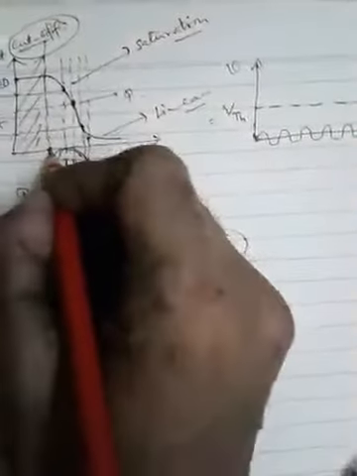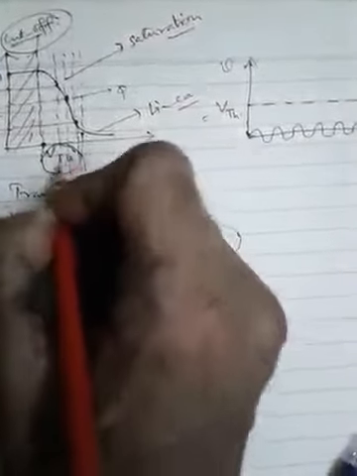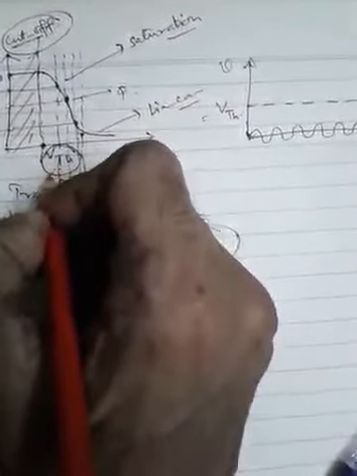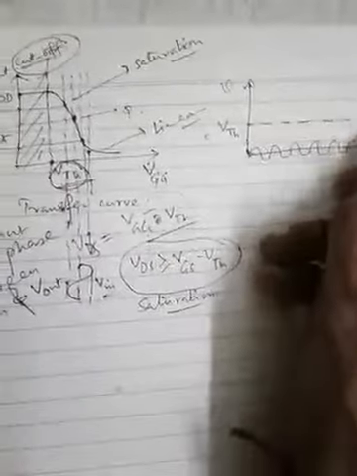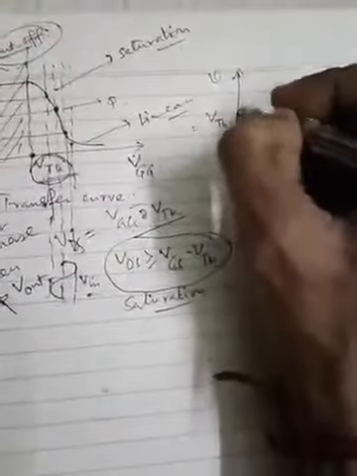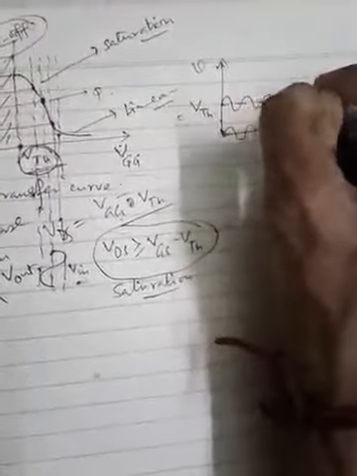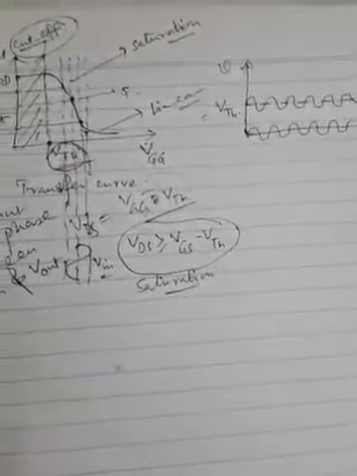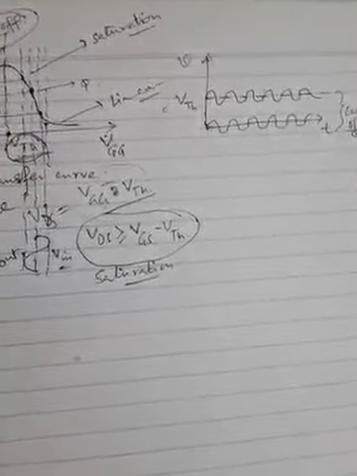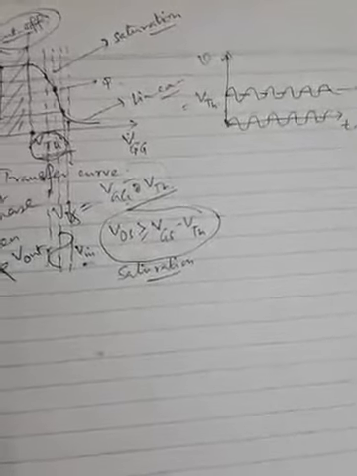At the end of this cutoff region, when the voltage VGG is equal to VTH, that minimum threshold voltage, if the DC operating condition is equal to the threshold voltage and the AC signal is applied over and above it like this, then the MOSFET will be just on the verge of conduction.